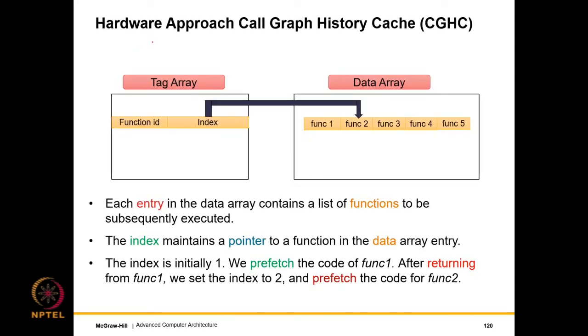Recall that the argument that we have been making is that instruction misses are far more expensive than data misses. The reason is that if there is a data miss, we'll always have other instructions that can be executed, because of out of order execution. So we might not perceive the delay to that extent.